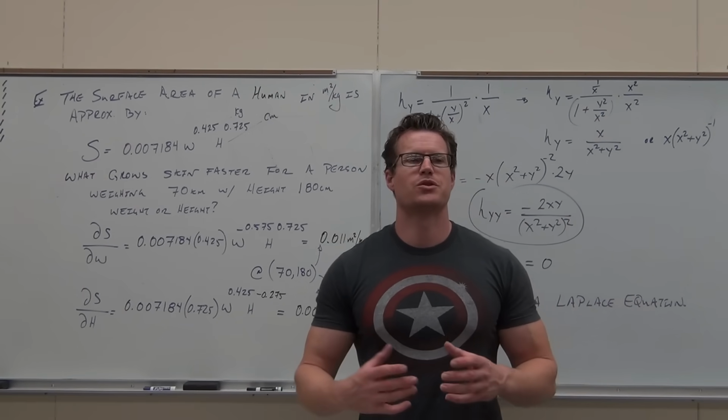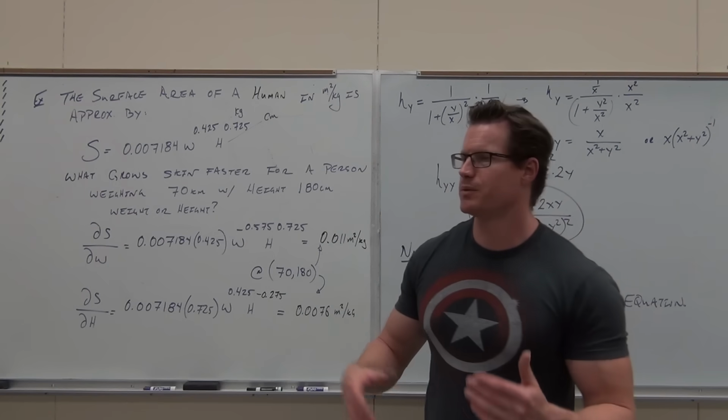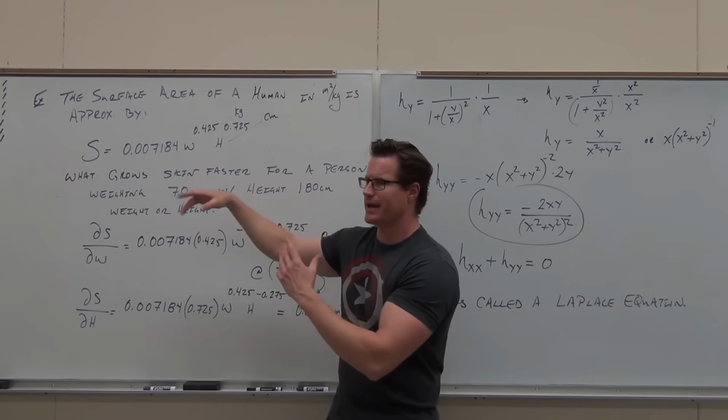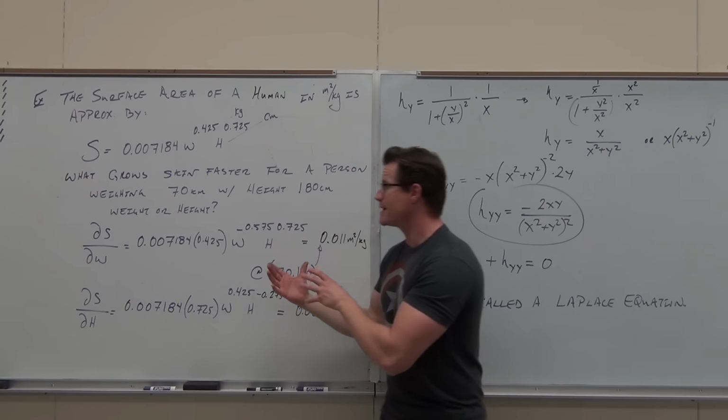Now, I want you to interpret what this means. All right? Don't just be able to do the math. You can all do partial derivatives and bringing down a number and subtracting. It's easy. You can all plug numbers in, but now let's interpret.